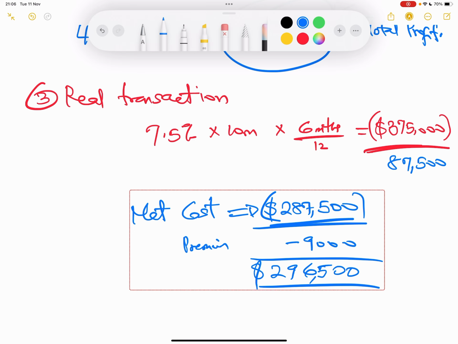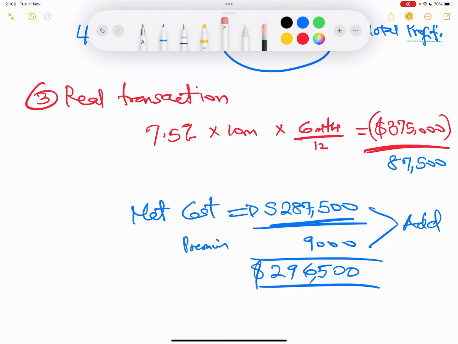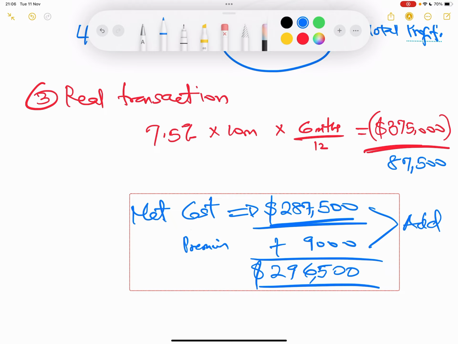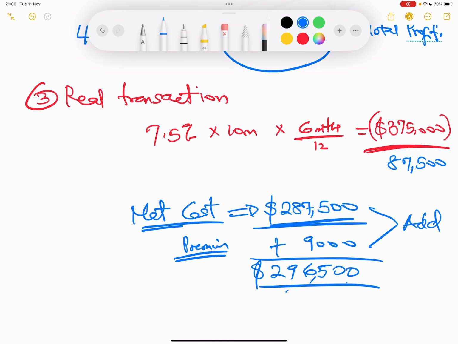So now you consider all the options together, yeah, add them together. Remember, this negative is showing that it is an expense, but to avoid confusion, let me just take all the negatives so that we know that we're talking about them as costs. So they are both costs. Since they are both costs, it's easy. So premium is a cost, it is a net cost, and that's a total of 296,500.